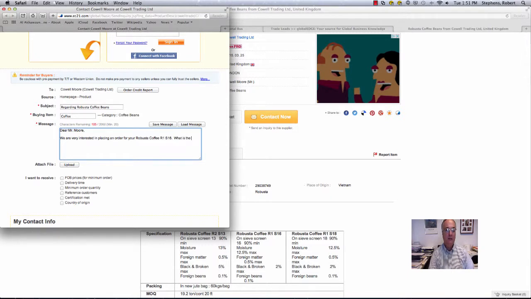Okay, what is the minimum, actually, what is the maximum order? What is the minimum order? From which port does the product ship, and what are the payment terms?